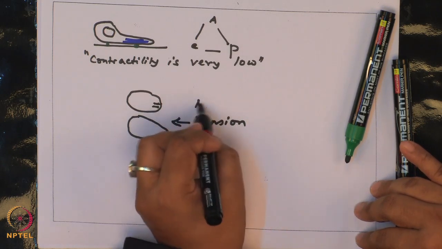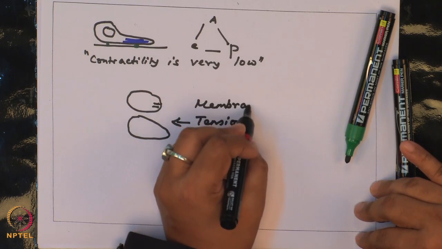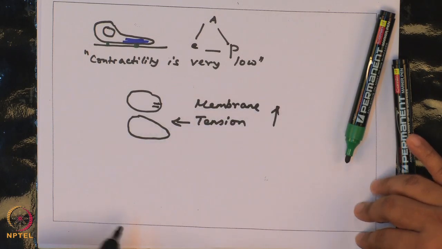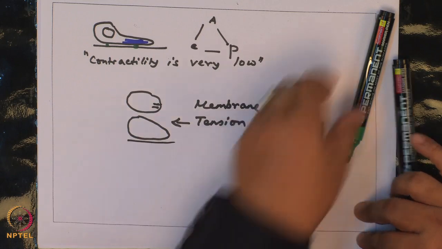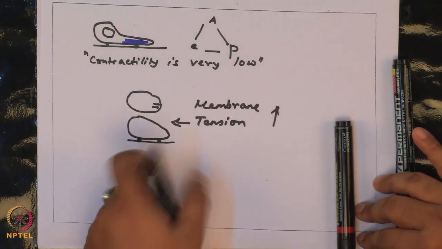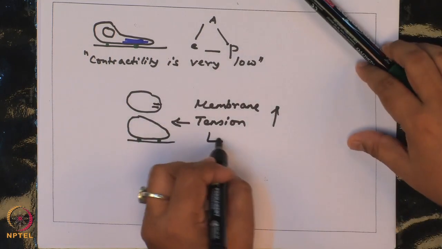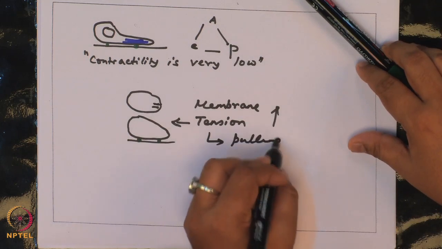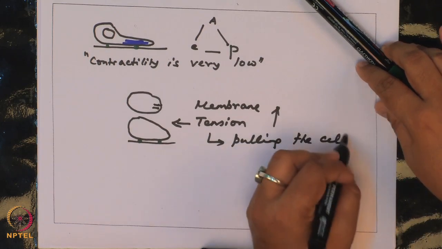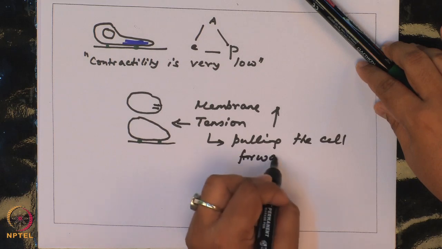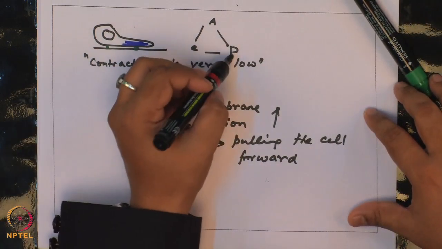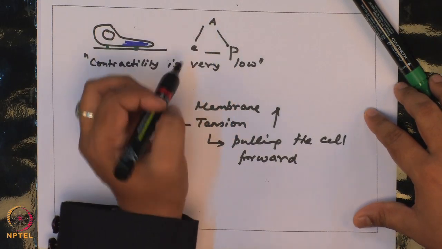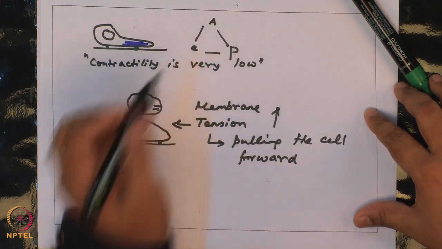If you are adherent, then the membrane tension itself can lead to pulling the cell forward. So, this is an alternate mode where protrusion and adhesion are dominant and contractility is very low.